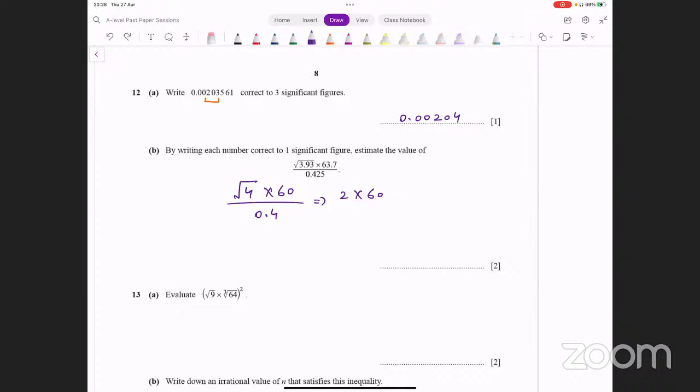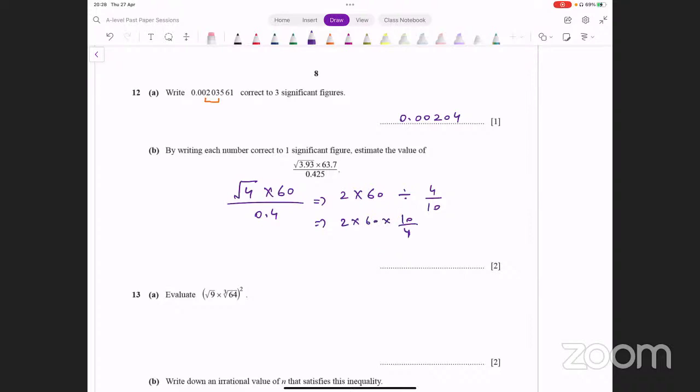In the denominator you have 0.4. 0.4 को आप क्या कर सकते हैं, आप इसको ऐसे लिख सकते हैं 4/10. Can we do that? Or if it makes things any simpler for you, you can write it like this, divided by 0.4 है ना, 0.4 की जगह पे आप लिख सकते हैं 4/10, right? And then if you multiply this, it becomes 2 into 60 into 10/4.